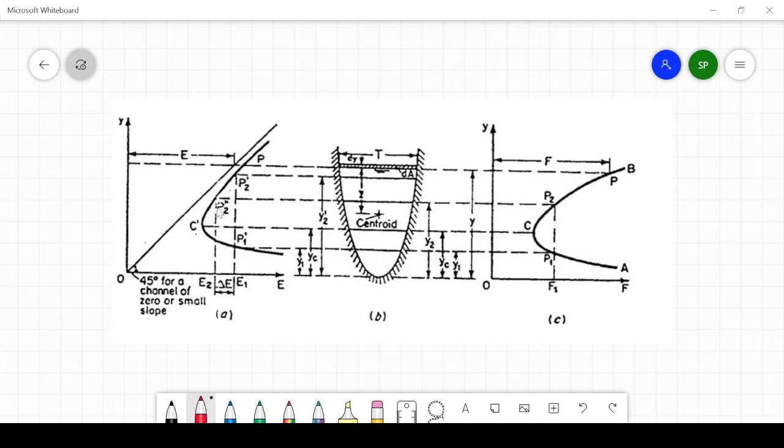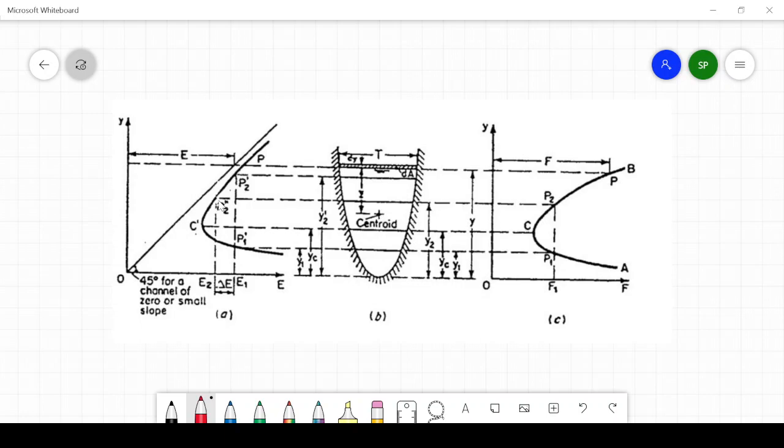You will get two depths corresponding to one specific energy in the specific energy diagram. You will get one depth only at critical depth, where specific energy is minimum. Other than that minimal specific energy, you will get two depths. That depth is called your alternate depth.